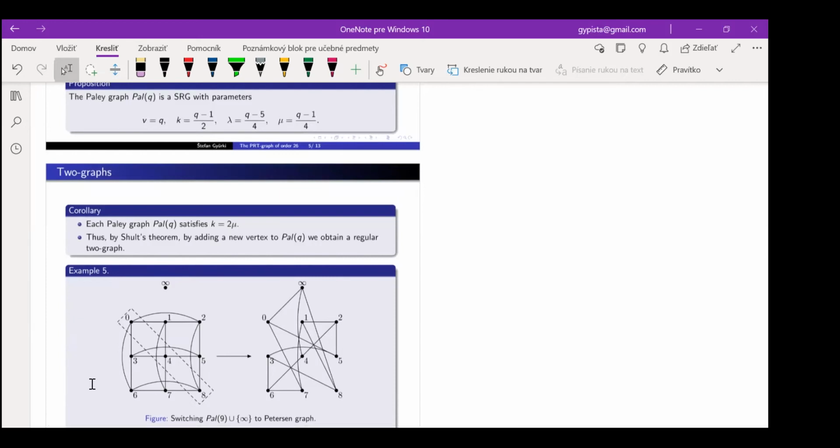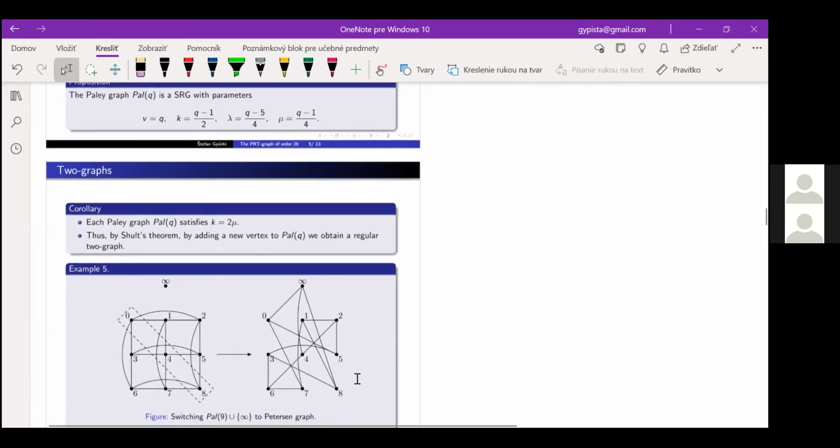And inside this regular two-graph, or inside the switching class of this graph, there are many other graphs on 10 vertices. For example, if we choose a partition which contains a 3-coclique from the Paley graph and the remaining 7 vertices in the other cell, then via Seidel switching, we obtain the Petersen graph, even though maybe on this picture it is not so visible.